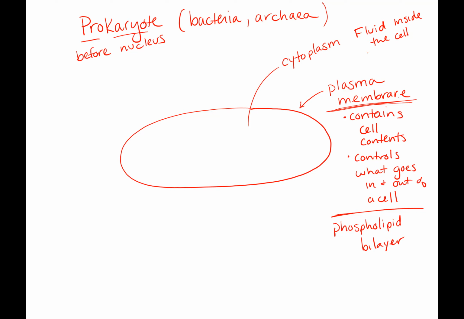And its function is to allow for movement of organelles and proteins and ions, RNA, all of those things inside the cell. Well, I guess prokaryotes don't have organelles, so I should say it allows for movement of cell contents.